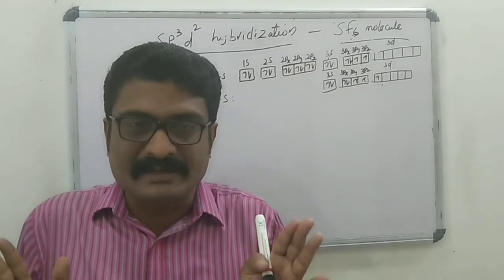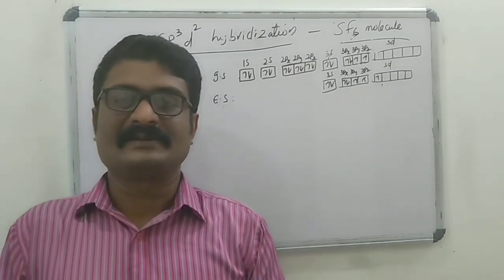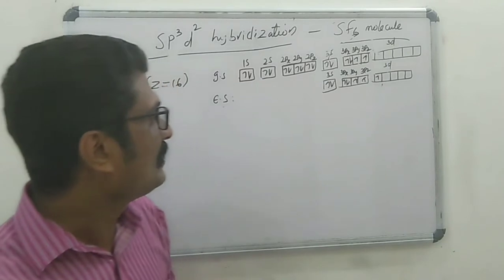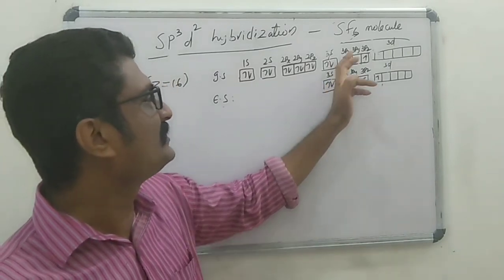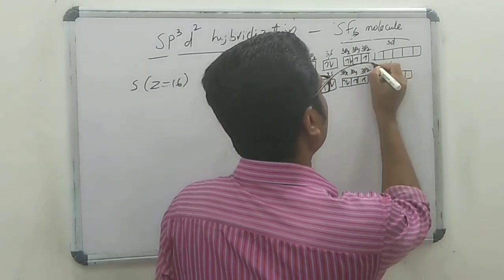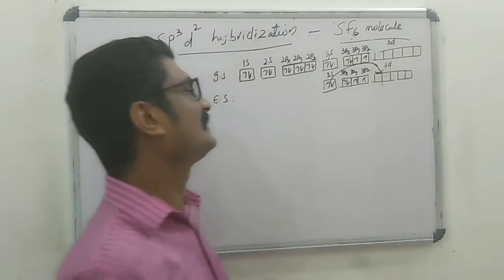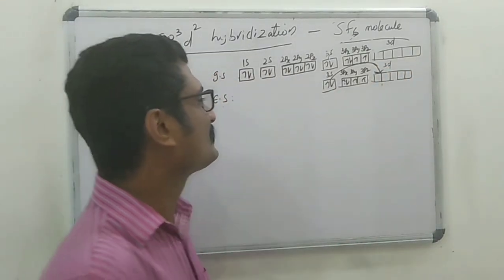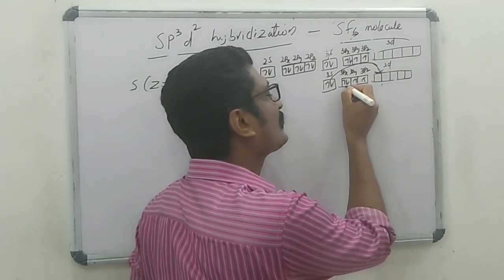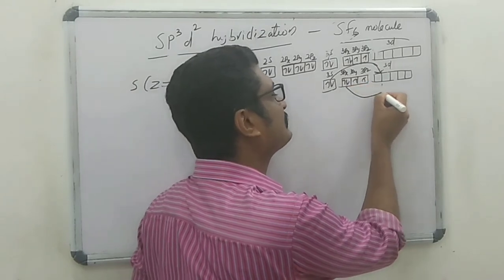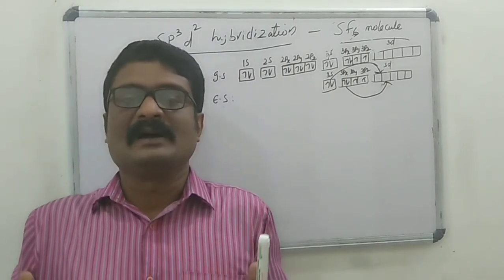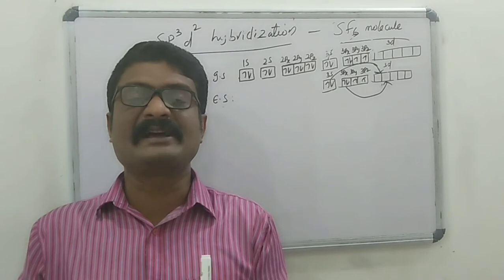Then, in order to attain the valency 6, in the excited state, one electron from the completely filled 3s and one electron from the completely filled 3px are promoted to the vacant 3d orbitals.